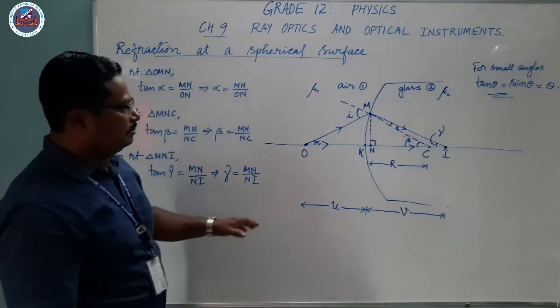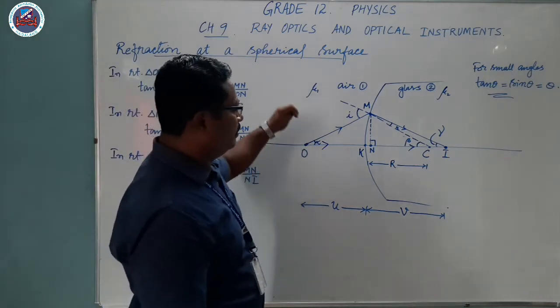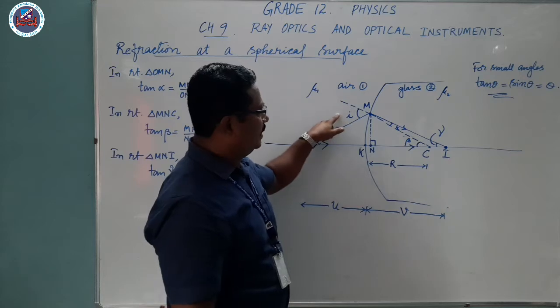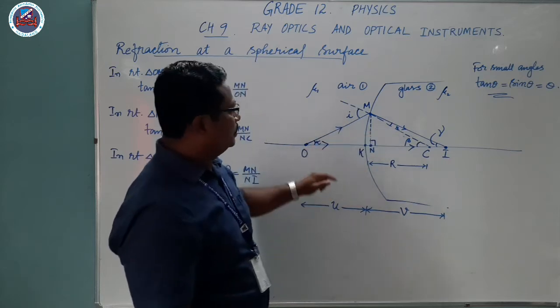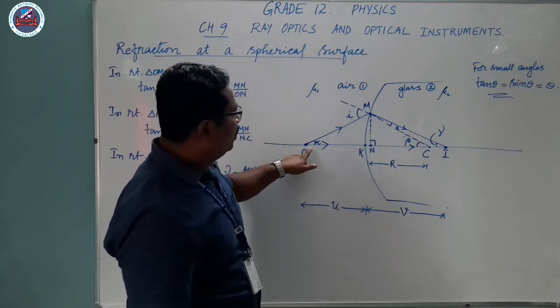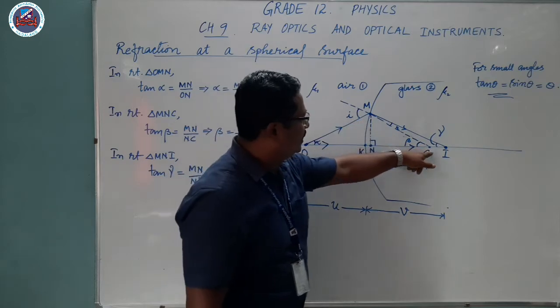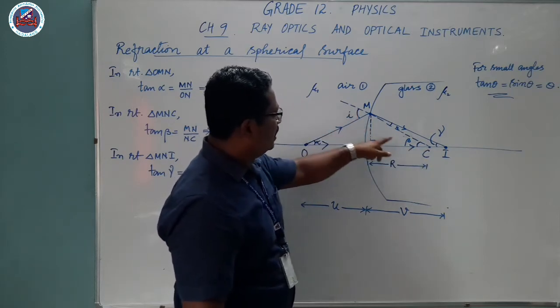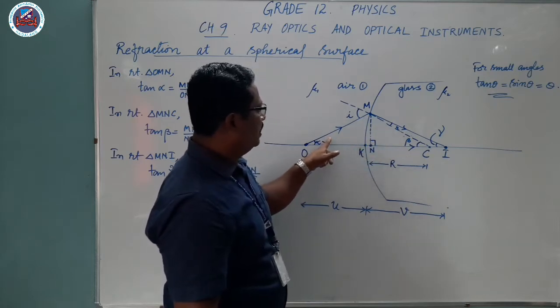Then, using the concept of the exterior angle property, our idea is to find out the value of sin I and sin R, that is I and R. So in triangle OMC, this is forming the exterior angle I, that will be equal to the sum of interior opposite angles, that is alpha plus beta.